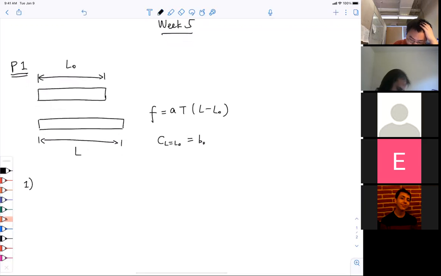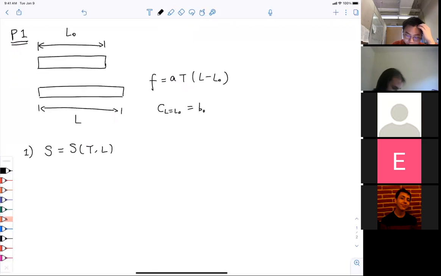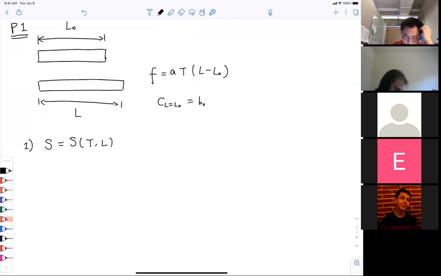In the first question, you need to calculate the entropy as a function of the temperature and the length. This is very similar to one of your homework problems. For this kind of thermodynamic problem, the starting point is usually energy conservation.